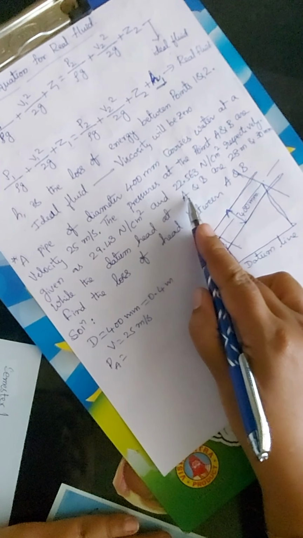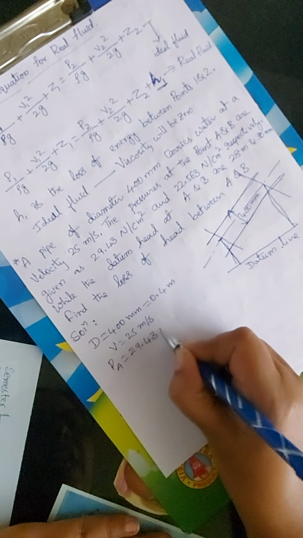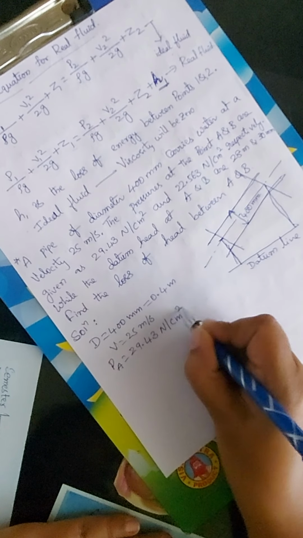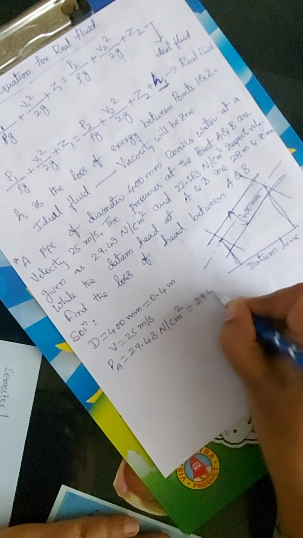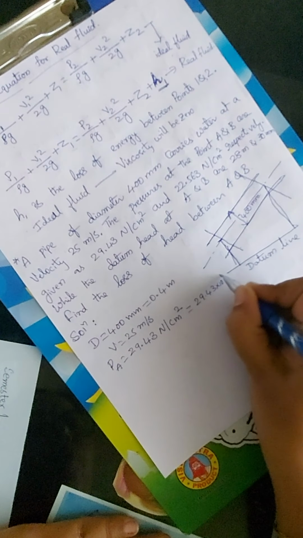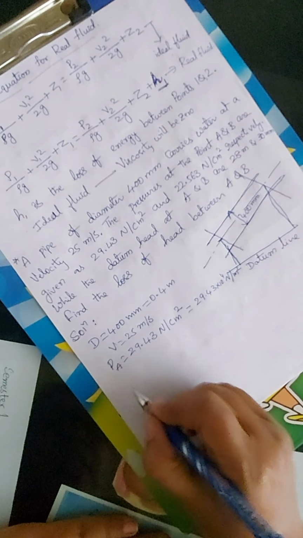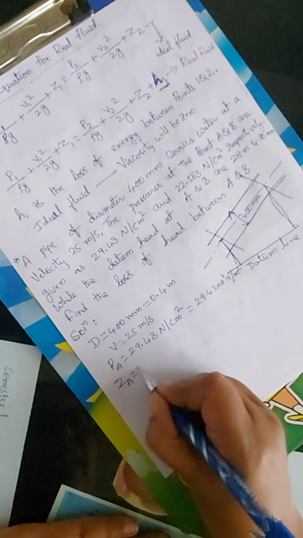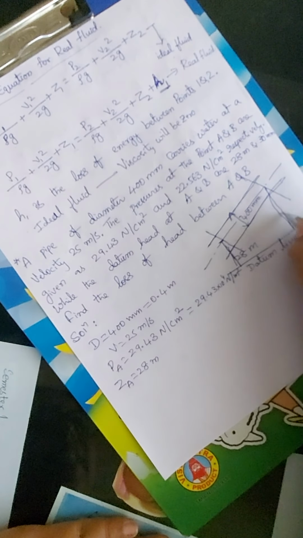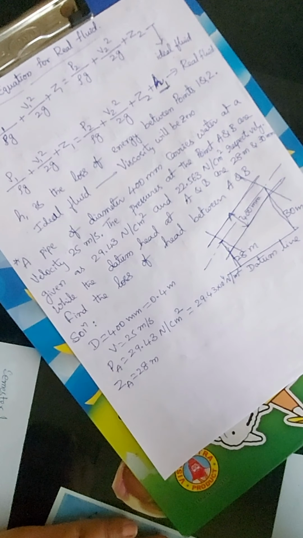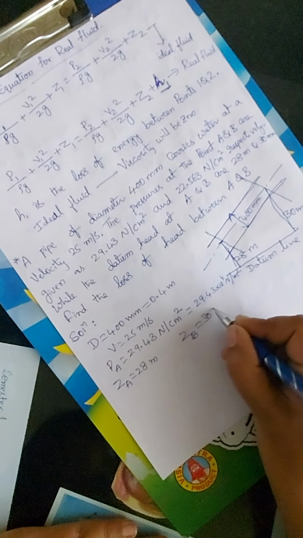Pressure at point A is equal to 29.43 Newton per centimeter square, that is equal to 29.43 into 10 to the power of 4 Newton per meter square. Then datum, ZA is equal to 28 meters and ZB is equal to 30 meters.